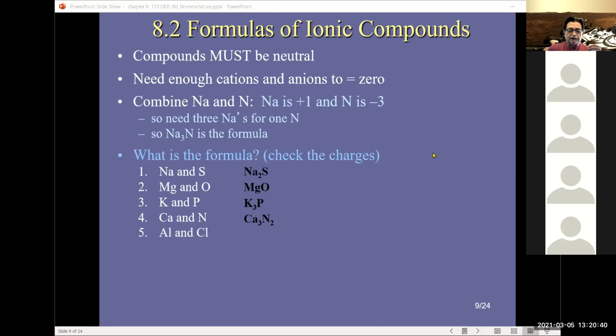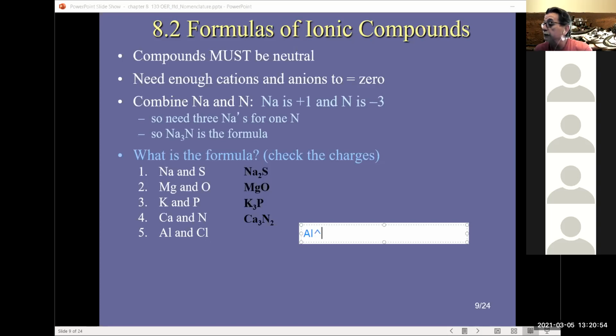Oh, I cleared up all my examples. Okay, so here we have aluminum and chlorine, excuse me. Okay, so step number 1, we first write the ions. Aluminum is a metal. It's in group 3, has 3 valence electrons. It will have a +3 charge.